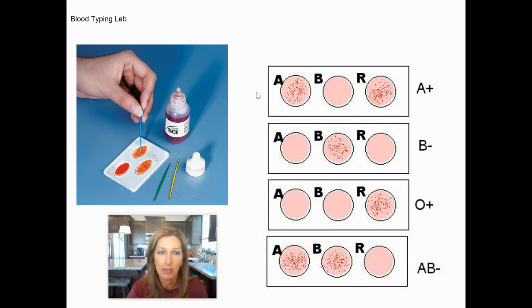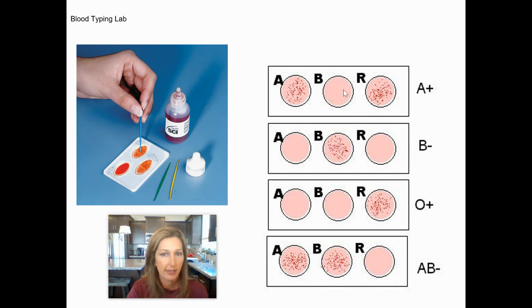Antibodies are what your immune system produces in order to attack foreign antigens. In this particular case, I took 3 drops of one type of blood. I mixed it with A antibodies and it started clumping. That's evidence that this blood has A antigens on it.